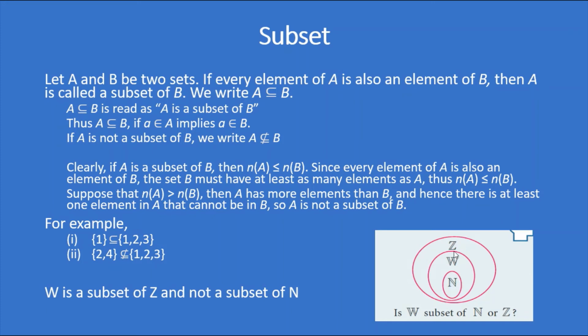So from this we can understand that the elements of W are a subset of Z and the elements of N are a subset of W. So N is a subset of W and W is a subset of Z. Here the question asked is, is W a subset of N or Z? We can understand from this picture that W is a subset of Z and not of N, because N contains fewer elements than W.